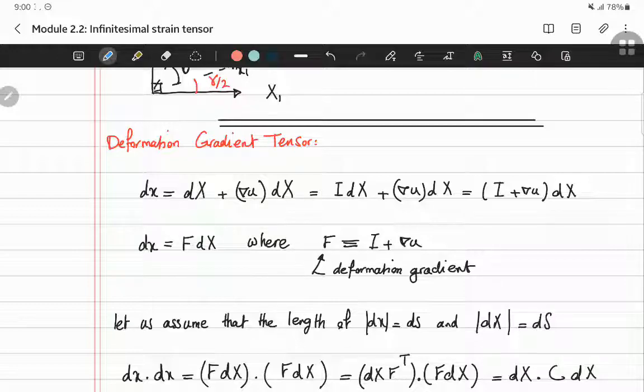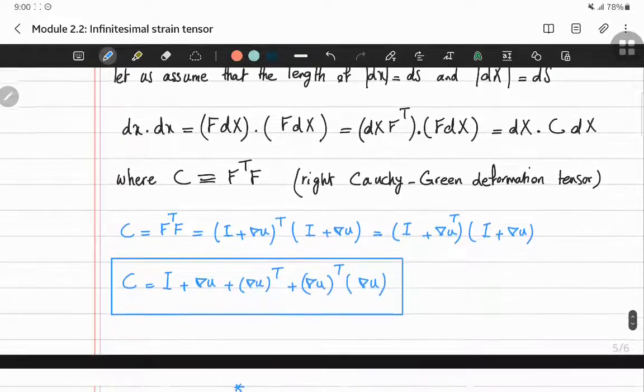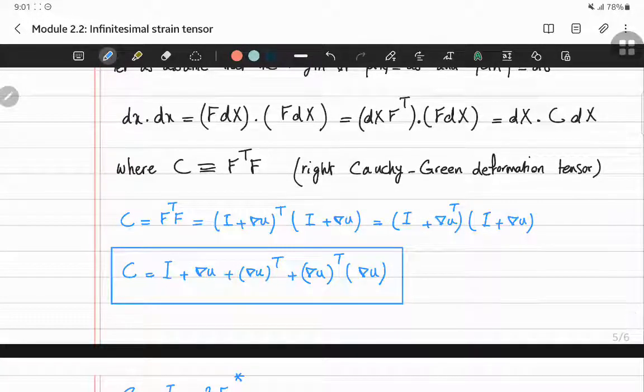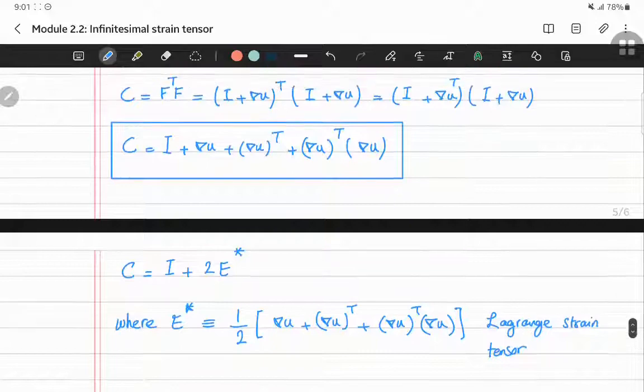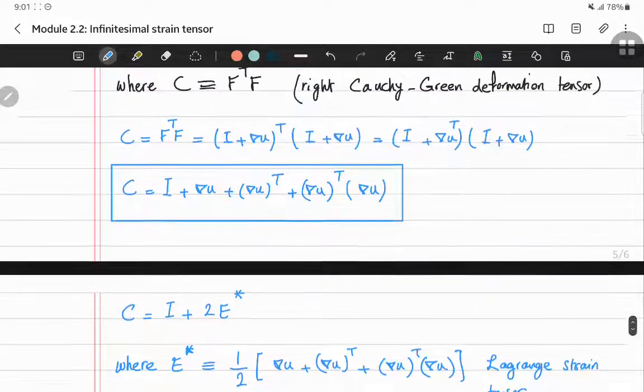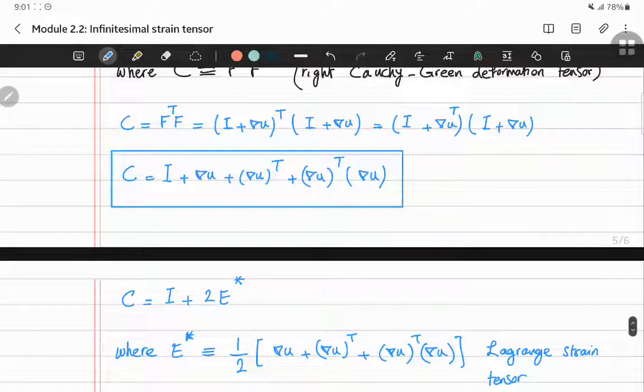Then we moved to another equation using F, the deformation gradient, as a relation between the current and reference configuration. Next, we created a connection between this deformation gradient and the displacement gradient, and we basically replaced this part of the right Cauchy-Green deformation tensor with E star, which we call the Lagrange strain tensor.